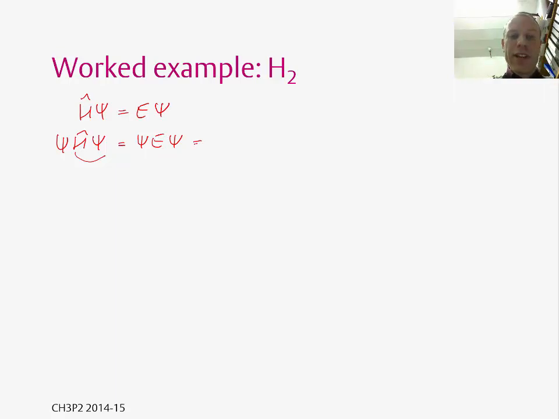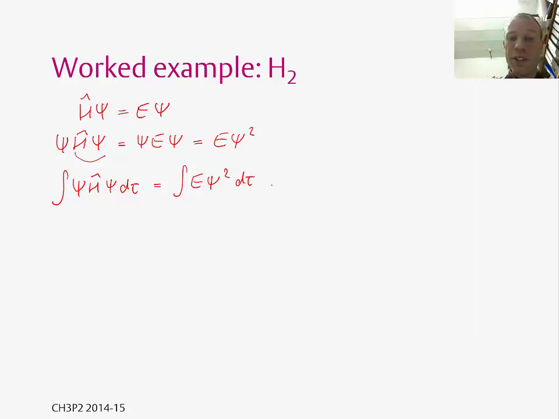So we can actually rearrange this side, and this gives us E times psi squared. And psi, we know we've already normalized. So if we were now to integrate both sides, integrate psi H hat psi d tau equals integrate E psi squared d tau.